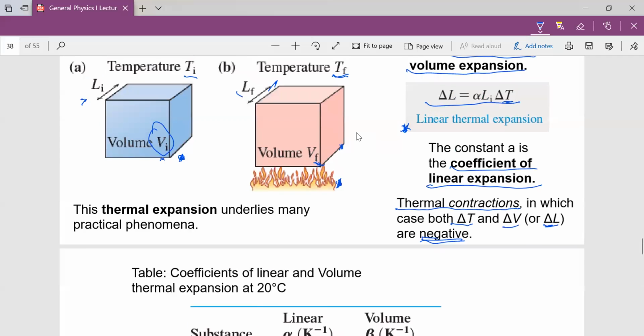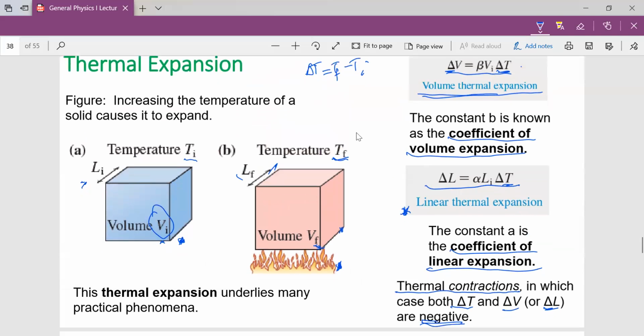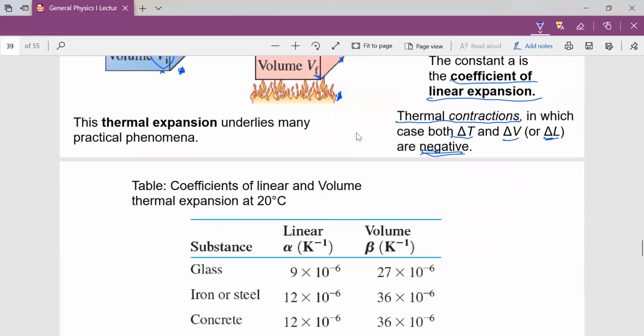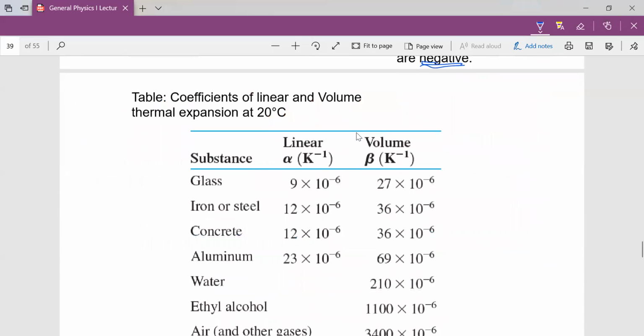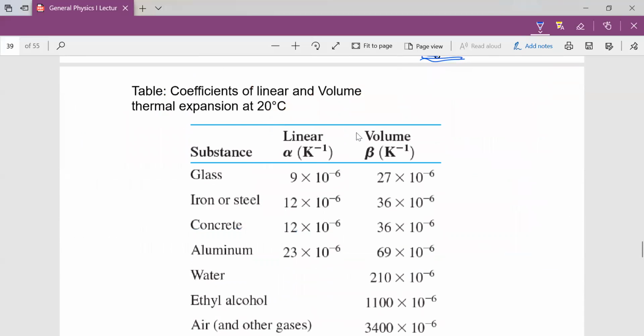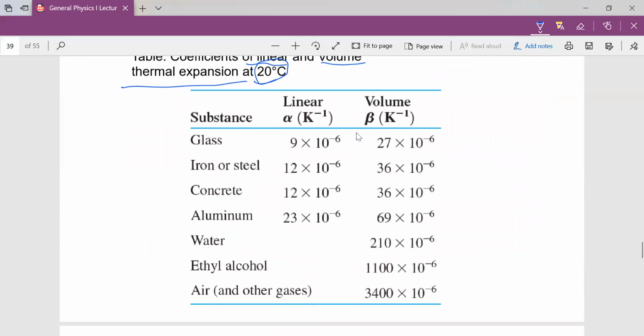So these thermal expansion processes have been experimented for different objects. And this is a table showing the coefficient of linear and volume thermal expansion at 20 degrees Celsius.